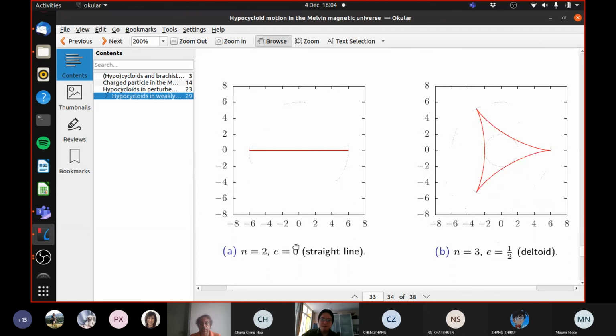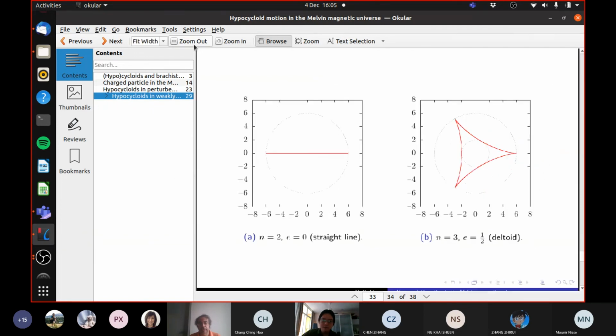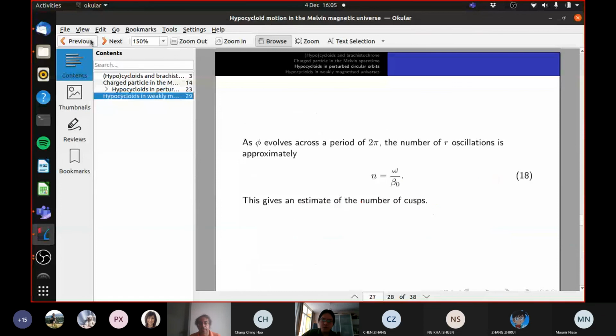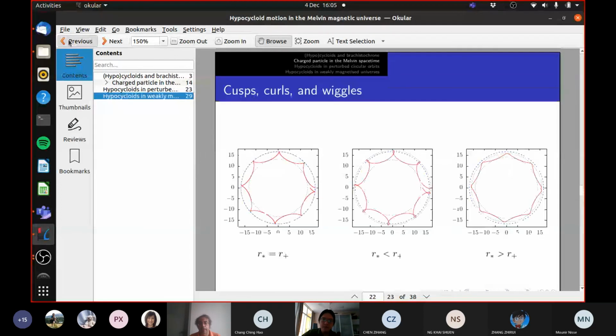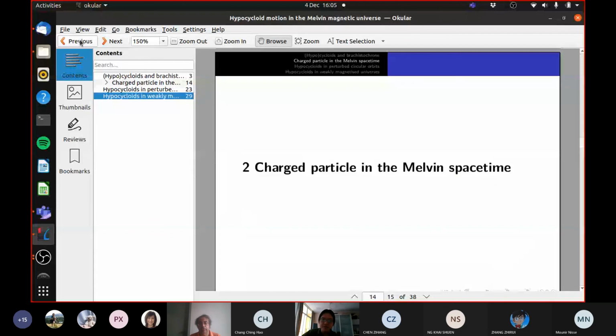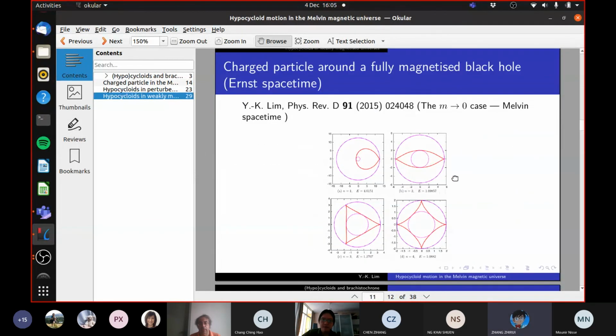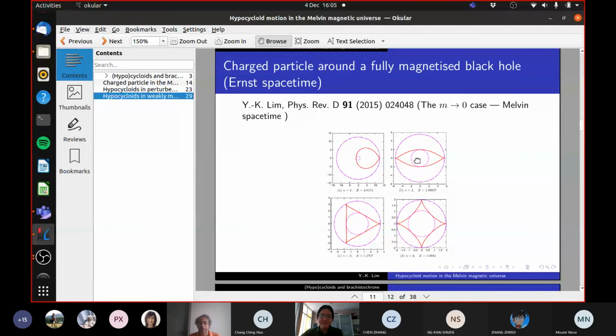Does the straight line case correspond to this eye-shaped curve with the two cusps you had in the previous picture? No, because for the eye-shaped curve, definitely the charge is non-zero. I was thinking, if you make the charge here 0, would it collapse to the straight line? Yes, it will. Oh, that's what you meant. Yes, for me that looks like an eye, a human eye.